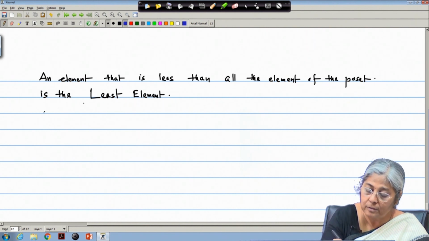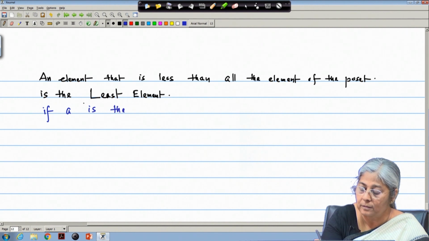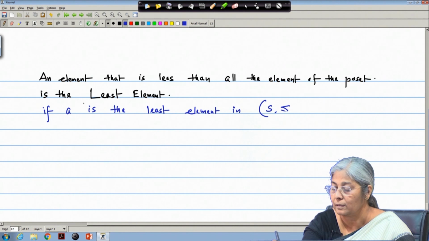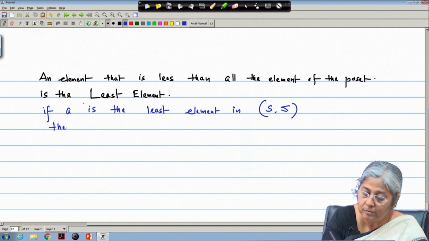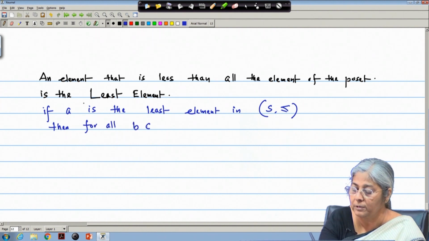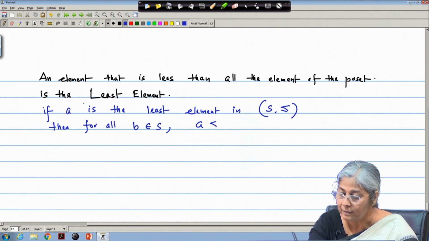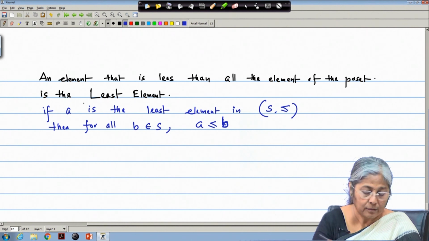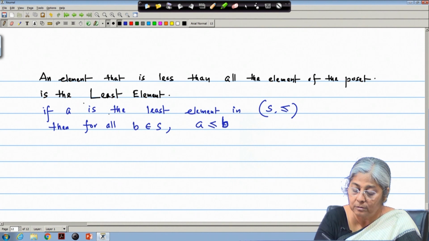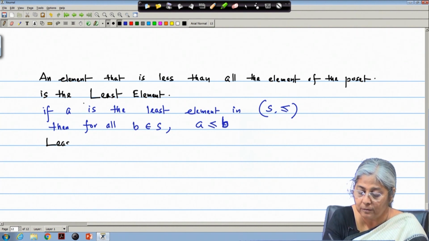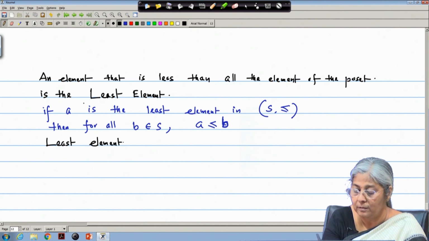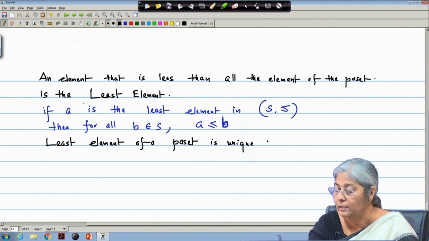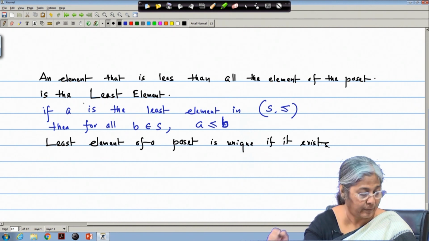So if A is the least element in the poset S, then for all elements B belonging to S, A is less than B. And again, the least element of a poset is also unique if it exists. Okay.